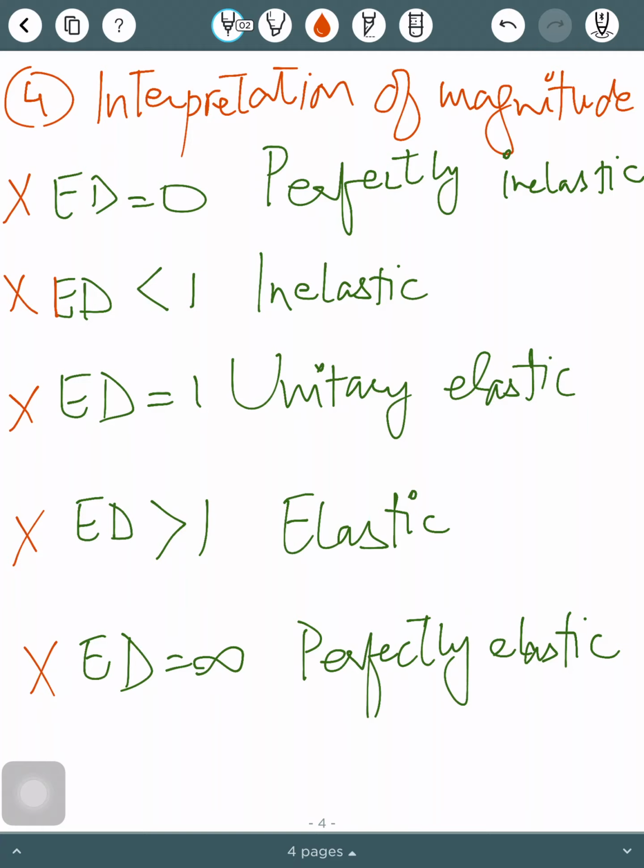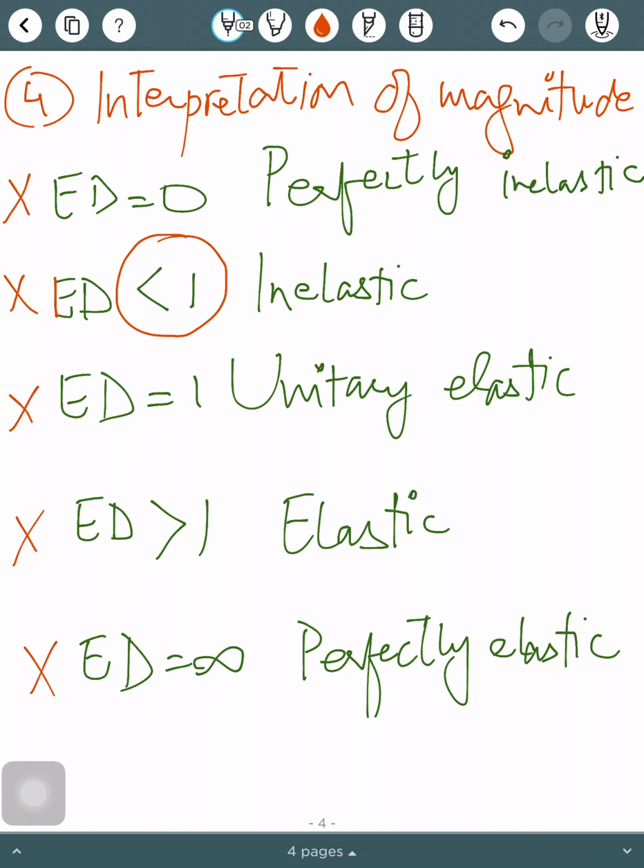Now when we give examples, for example, for substitute goods or complementary goods, some students raise the question that, sir, for us the demand will not rise or fall by that much for a change in the price of the other good. So as I said earlier, that shows a weak relationship, that the XED in that case will be less than 1.